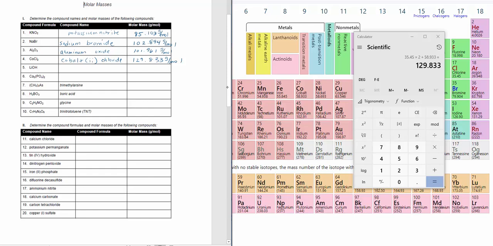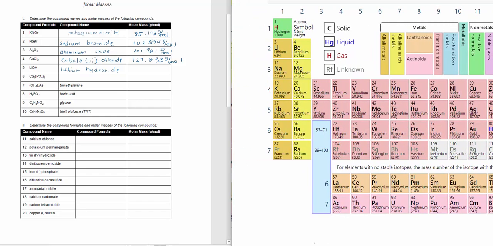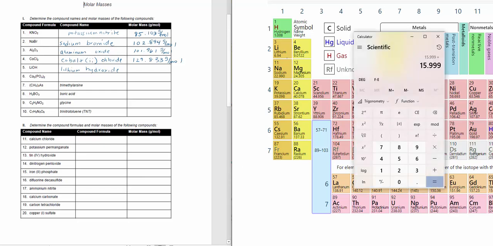Number 5, we have a lithium, an oxygen, and a hydrogen. Now, oxygen and hydrogen, when they are bound together and form a polyatomic ion, it's called hydroxide. So this is lithium hydroxide. Now, oxygen is 15.999. Lithium is all the way over here on the left. It is in row 2 and column 1.